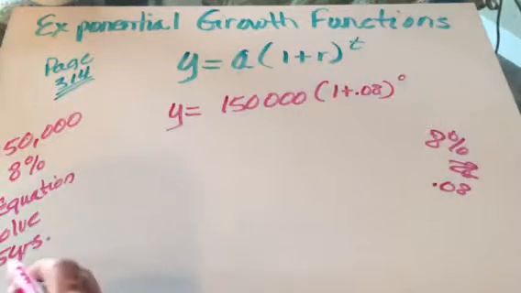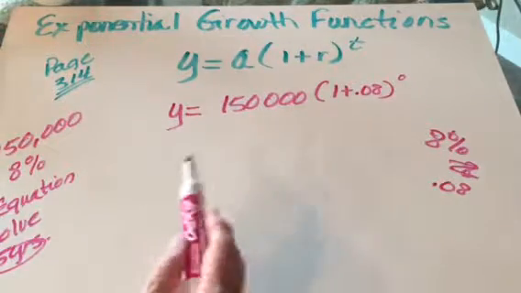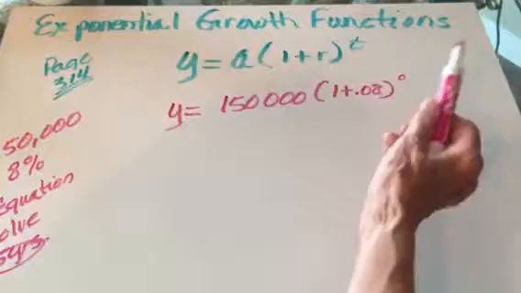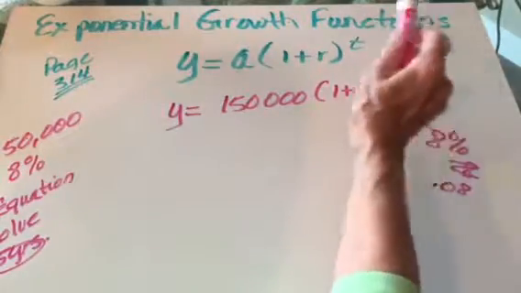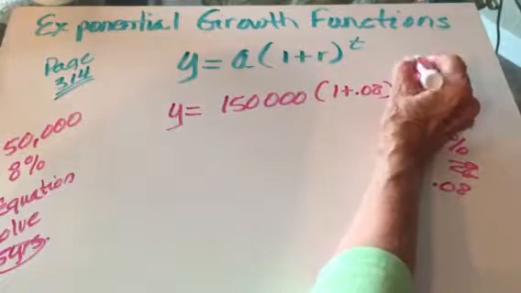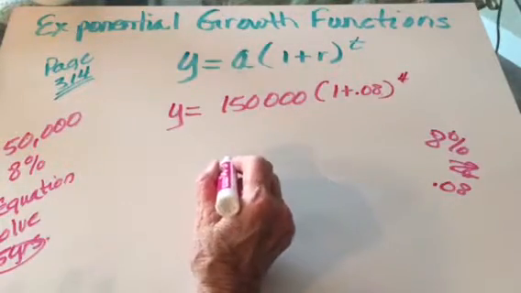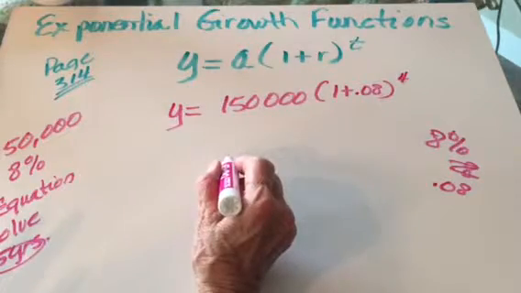So if I want to know what it is for 5 years, instead of putting a 5 up there, I have to put a 4 up here. All right, to the 4th power, because that would be 5 years. 0, 1, 2, 3, 4, 5.